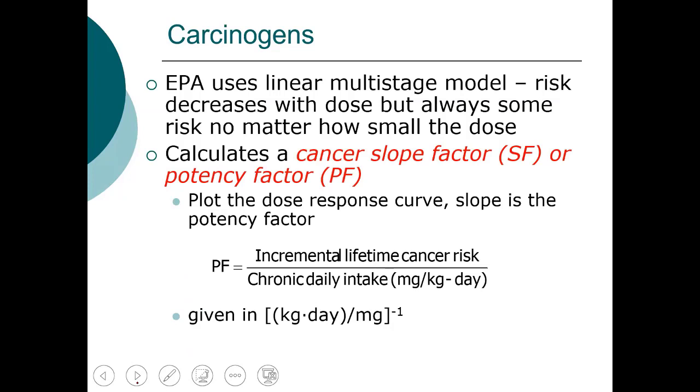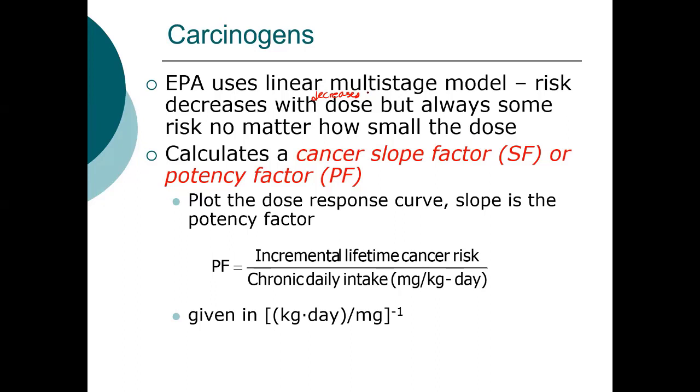As I mentioned, EPA uses a linear multi-stage model, which means that you have to have multiple events happen, and the risk decreases with decreasing dose, or increases with increasing dose. But there's some risk no matter how small the dose.